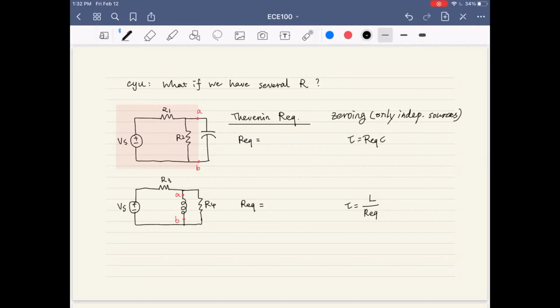Okay, so let's guess. Don't guess. Let's compute. What should be the equivalent resistance in the first figure? Zeroing means the Vs is 0 now. If it is 0, that means it becomes R1 and a wire, parallel with R2. Exactly. So it should be R1 parallel to R2.